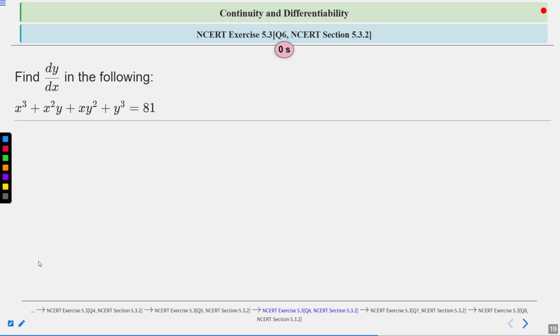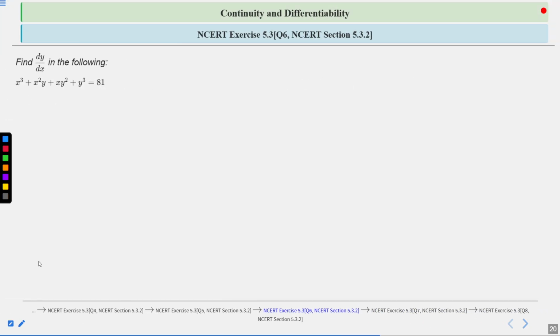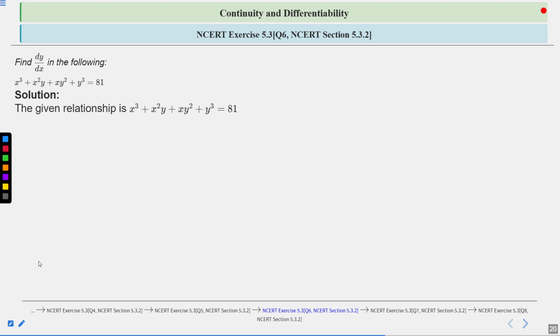Okay, let us move to the solution part. So we basically have to find dy by dx, and the expression is x cube plus x square y plus xy square plus y cube is equal to 81. The given relationship is x cube plus x square y plus xy square plus y cube is equal to 81.